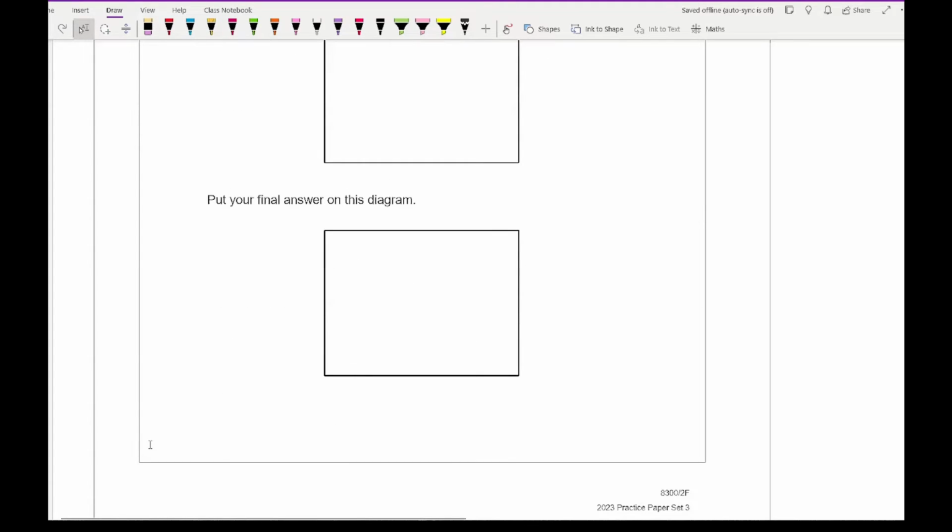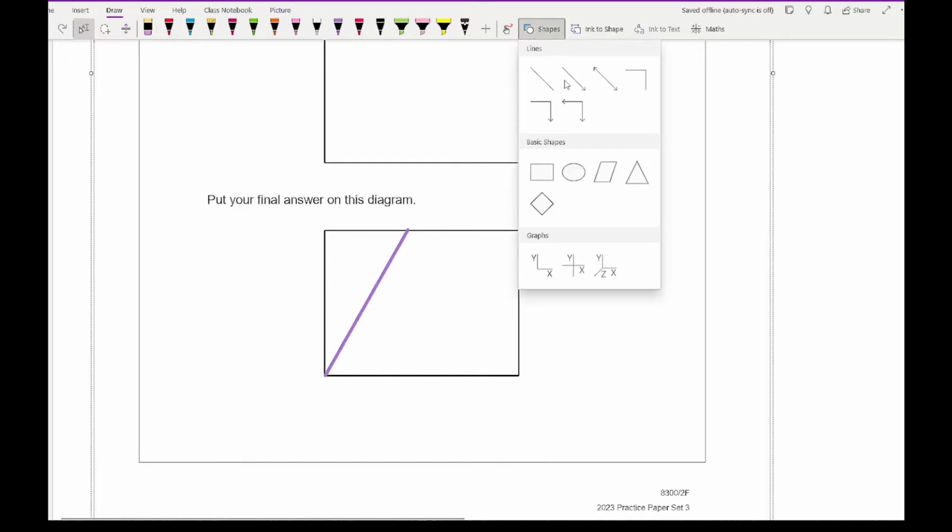Now there are loads of different answers you can have, but you just need to make sure that you're drawing two straight lines. So if I draw any two straight lines in this rectangle, what I want is to see two triangles and a trapezium.